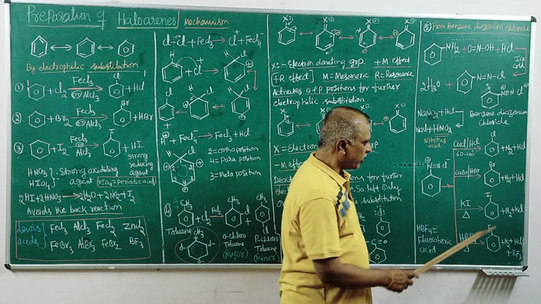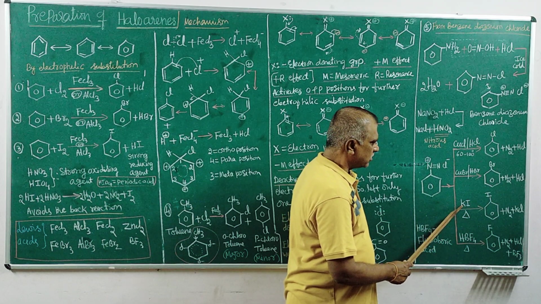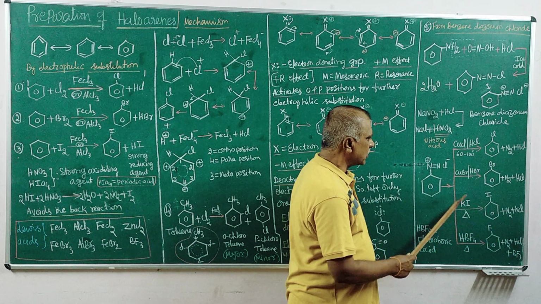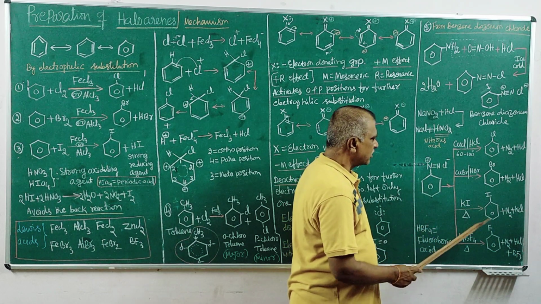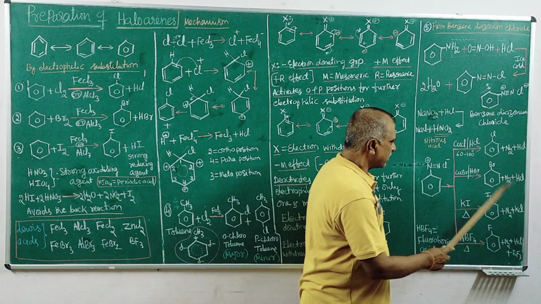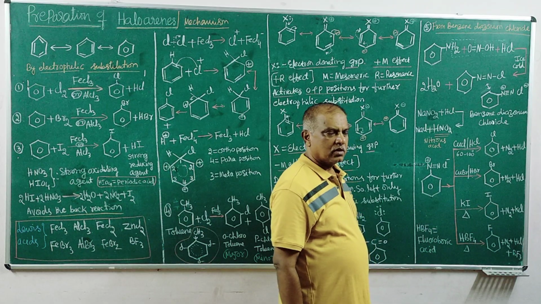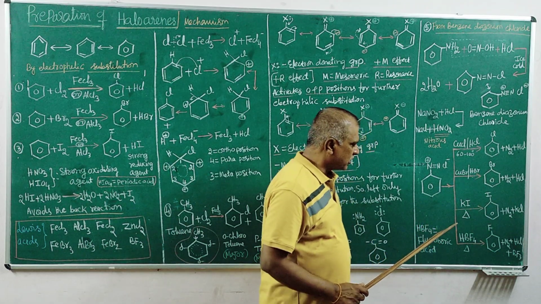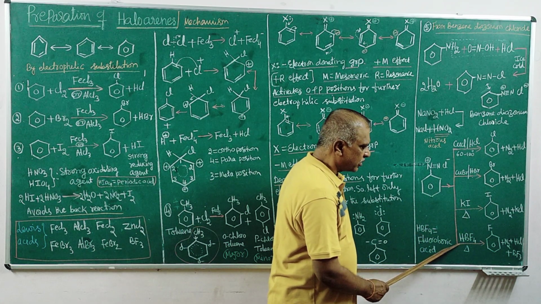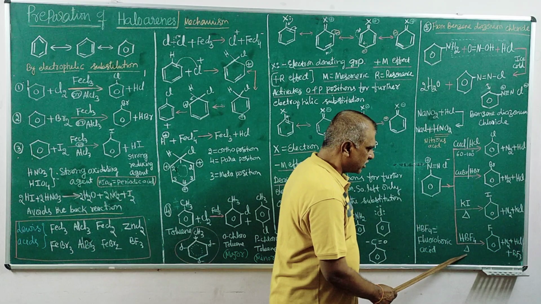For the preparation of the iodide, we use KI, heating with KI solution. By heating with KI solution, this group is eliminated and substituted by I, removed as N2 and KCl. This Cl is removed as KCl. And the final one, for the preparation of the fluoro derivative, the only important reaction, uses HBF4 and heating.